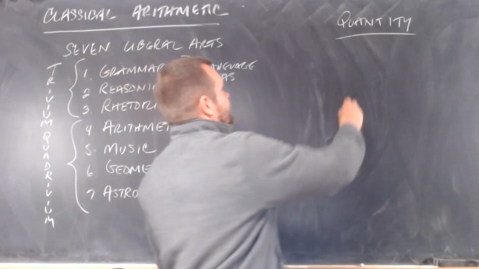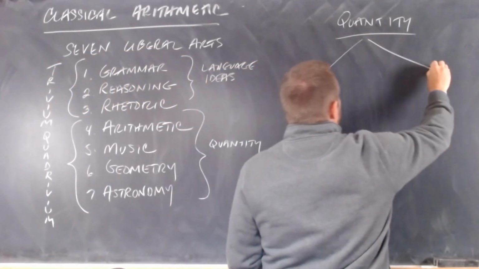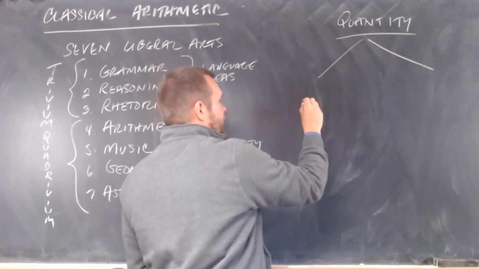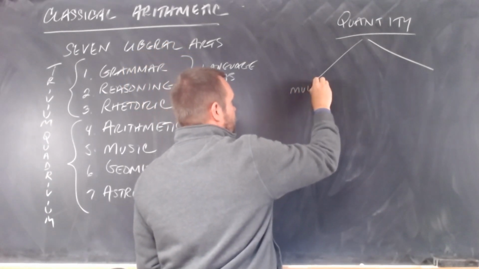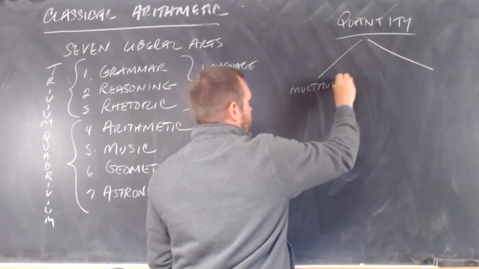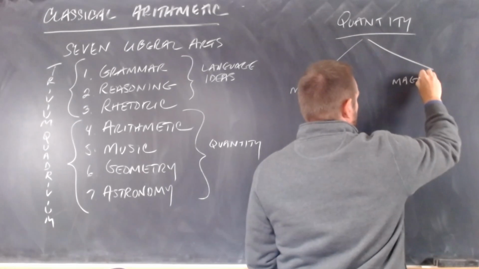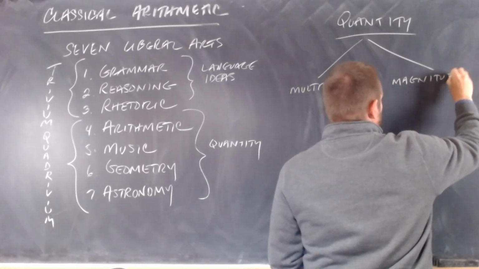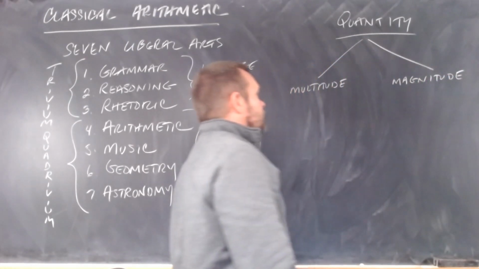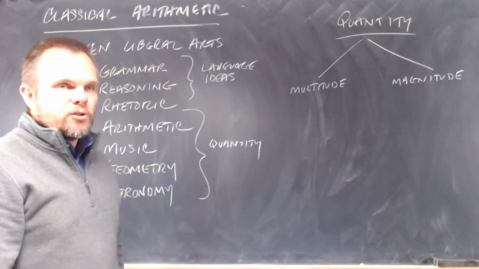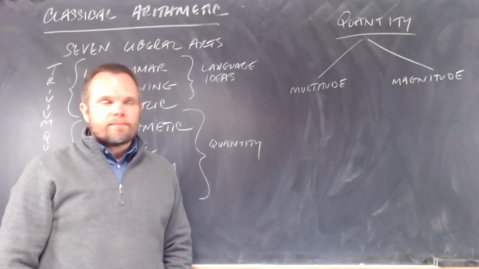Quantity divides into two different species. I hope that you know these by now: multitude and magnitude. Multitude and magnitude are the two species, the two divisions, two kinds of quantity.